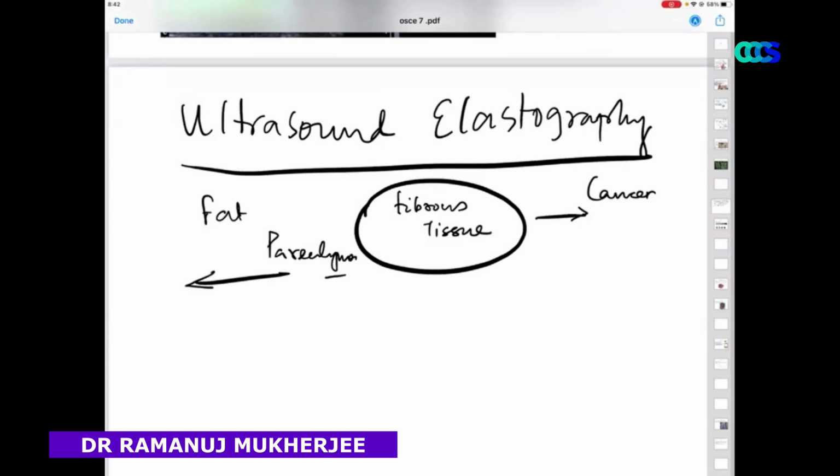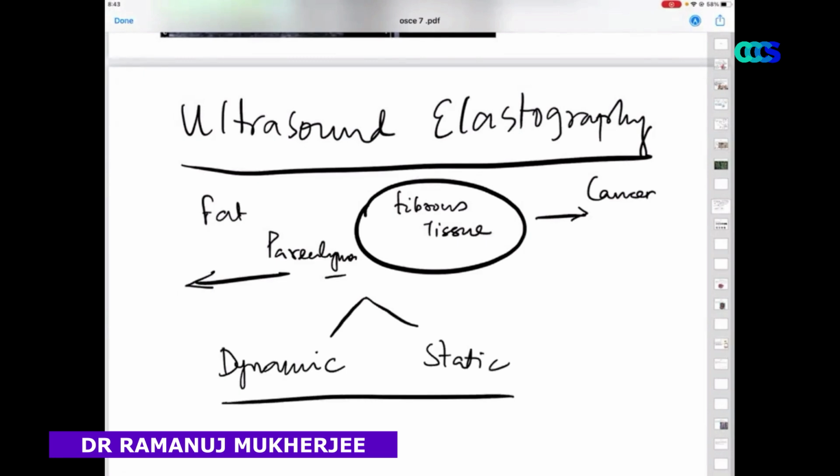Now, elastography is usually done either in a dynamic or a static manner. The radiologist will use these words, dynamic and static.